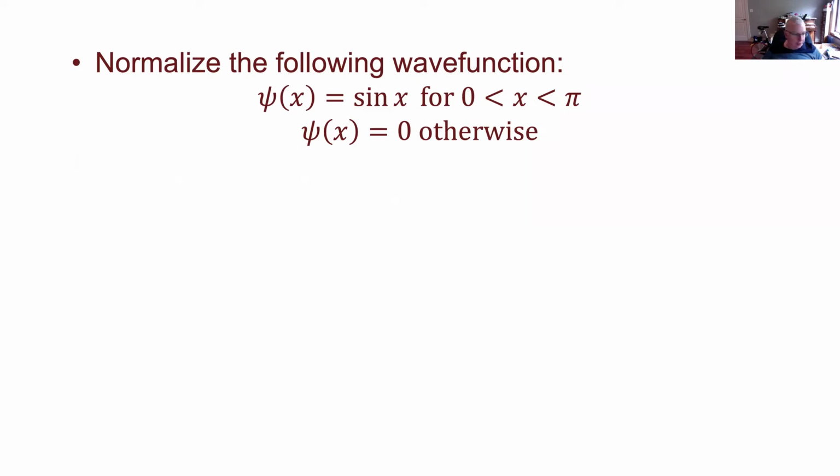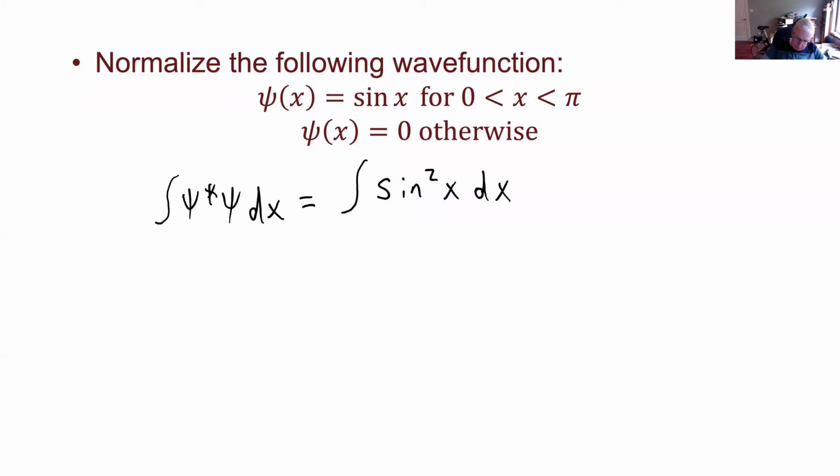In order to normalize this wave function, let's say I set up the integral of the wave function. If I take my wave function as just sine of x, then my integral of psi star psi dx is just going to be equal to the integral of sine squared x dx.